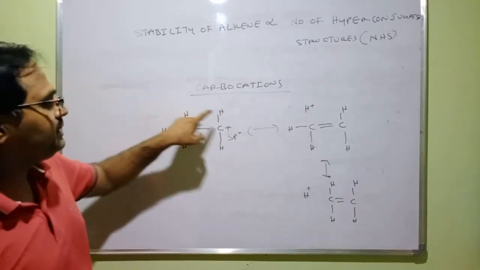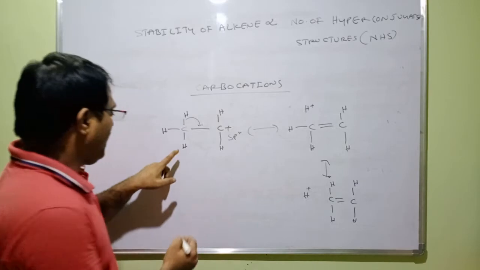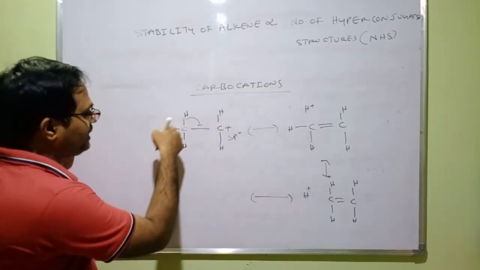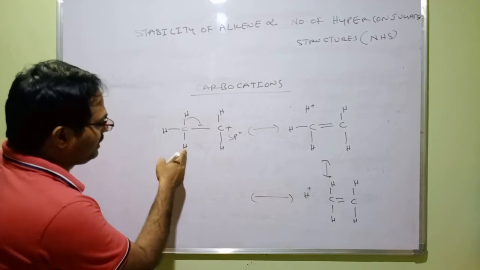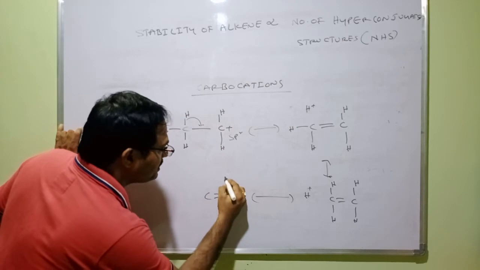With this hydrogen, one hyperconjugated structure. With this hydrogen, one more. And with this also you can write. So let us keep these two hydrogens stable and let us polarize this bond, C double bond CH.